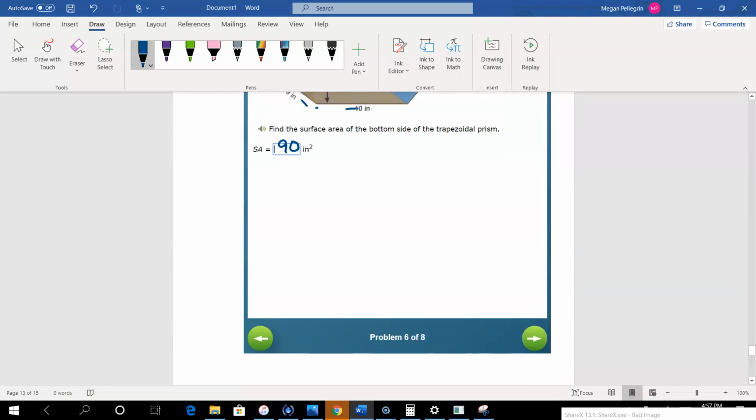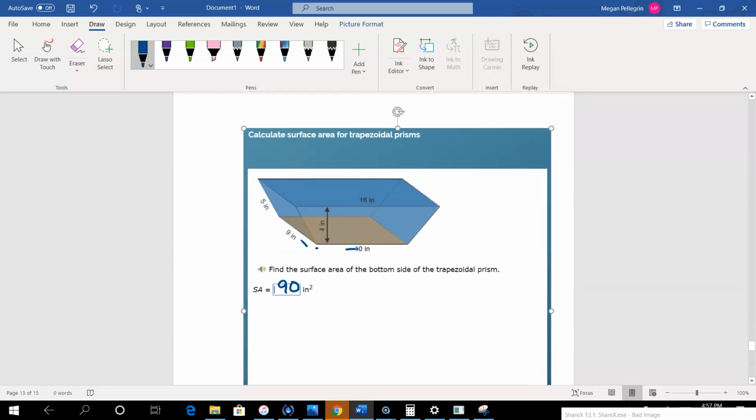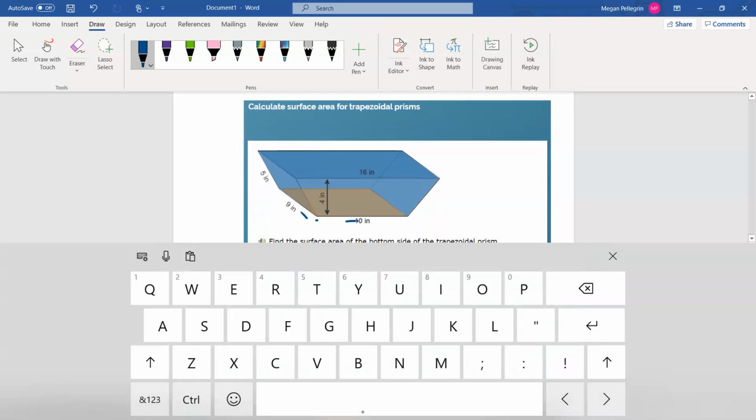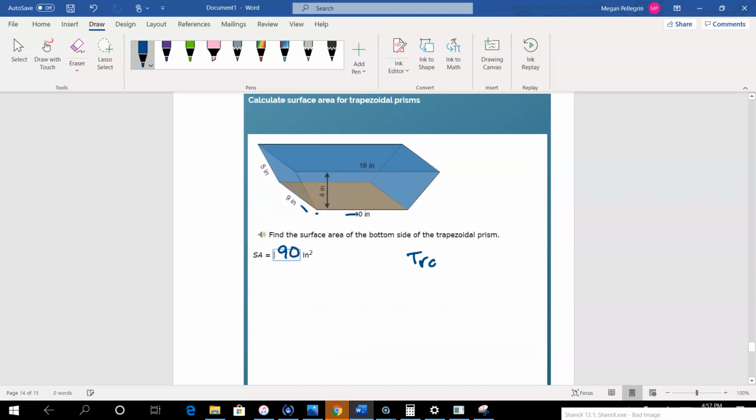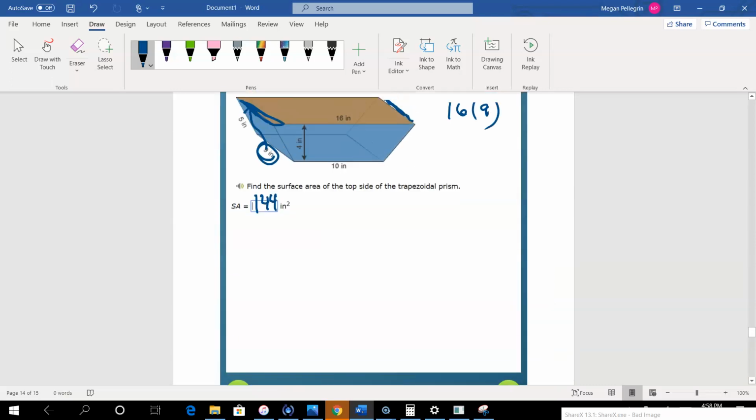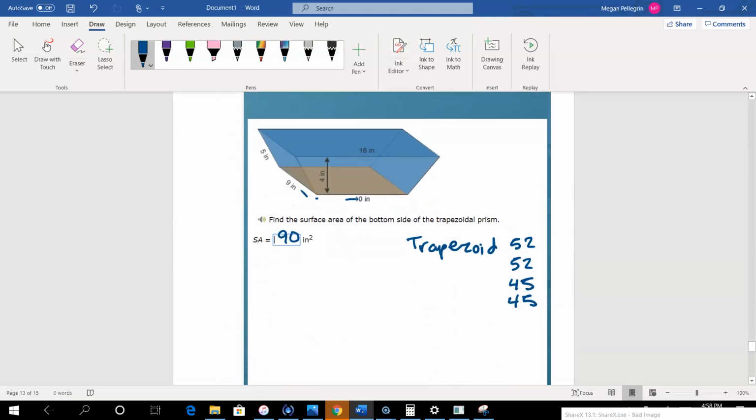Okay, so that gives us all of our sides. So we had the trapezoid in the front was 52. In the back was 52. The left side was 45. The right side was 45. The top was, let's go look, right there, 144.